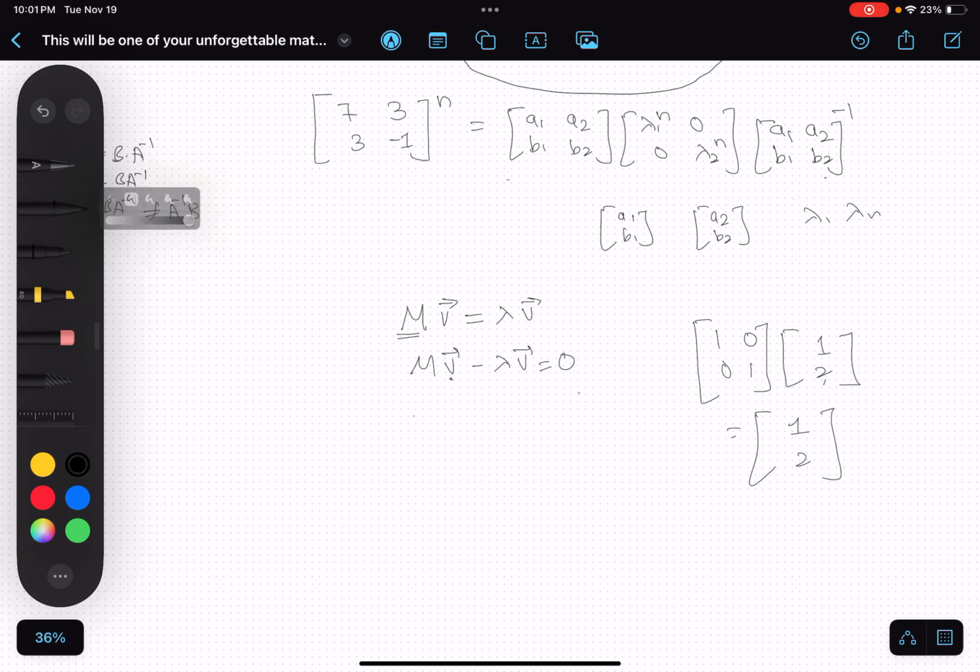So I can write this v vector as I matrix times v vector. Now if I take the v vector common, this will be m minus lambda I. This is also a matrix minus a matrix, so that's valid. And this is the vector, and we can definitely do a 2 by 2 matrix times a vector, right? So this is how we can make sense of it.